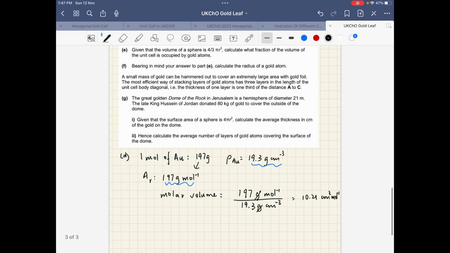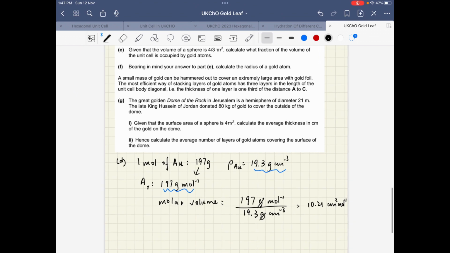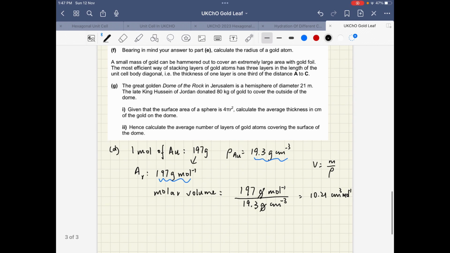And also another way to think about this question is to use logic, because I know that for 1 mole of gold, I will have a mass of 197 grams. Volume is mass over density.